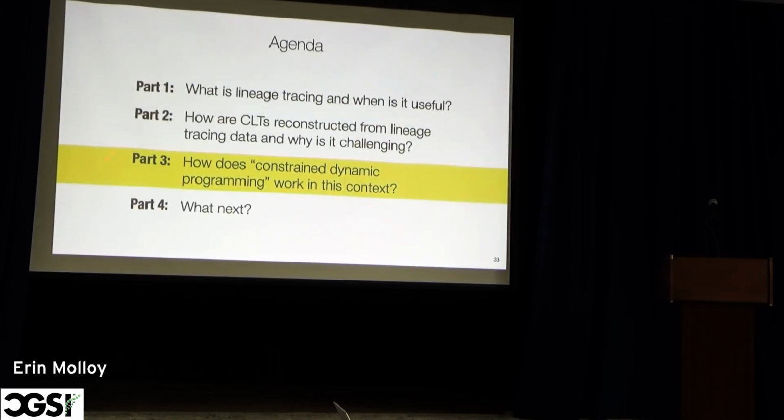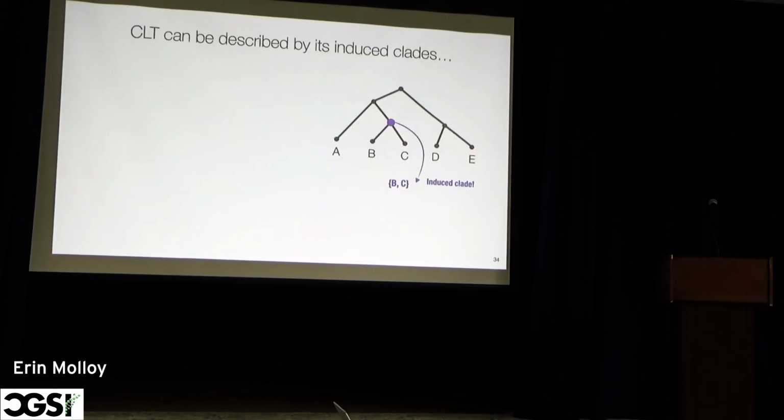Okay, so basically now I'll just explain the intuition behind constrained dynamic programming for phylogenetics and show you some results. Okay, so the intuition here is that a cell lineage tree can be described by its induced clades. What is a clade? If you look at an internal vertex in the tree, you can see all the descendant leaves below it, and that gives a set. In this case, it's BC, and we call that the clade induced by this vertex.